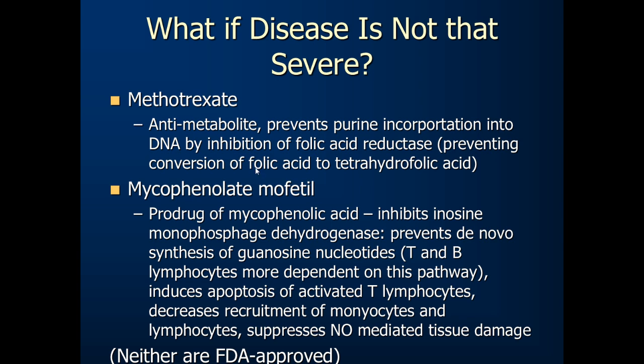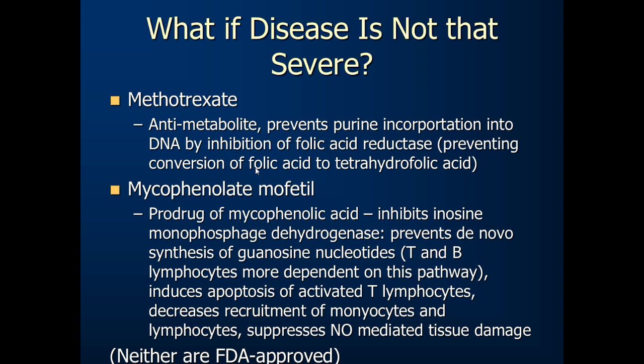Okay, so transitioning, so that was EGPA, and we were talking about more severe disease. But what if it's not that bad? What if you don't want to give cyclophosphamide and their disease involvement isn't that severe? So things that have been looked at are methotrexate and mycophenolate. Methotrexate is an anti-metabolite.